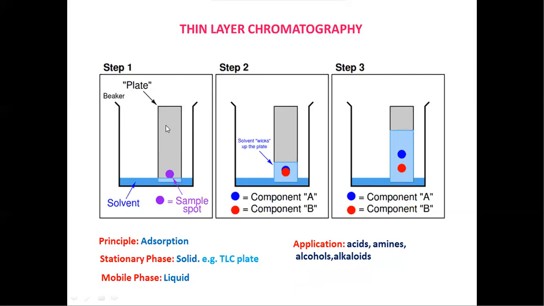Many types of samples can be easily separated by using this TLC technique. This is a little more time consuming than paper chromatography, but it is more advantageous than paper chromatography. And this stationary phase can sometimes be prepared in the laboratories by different methods, such as dipping, the pouring method, and some other methods.